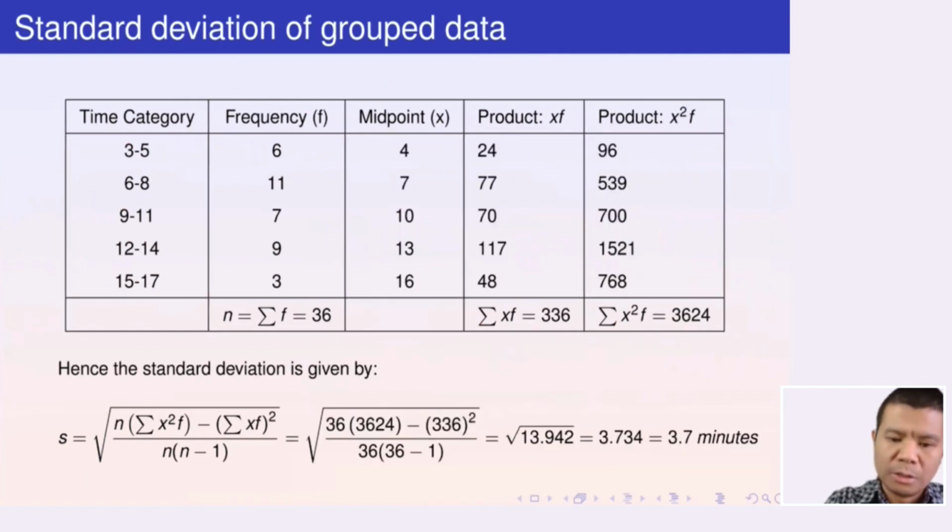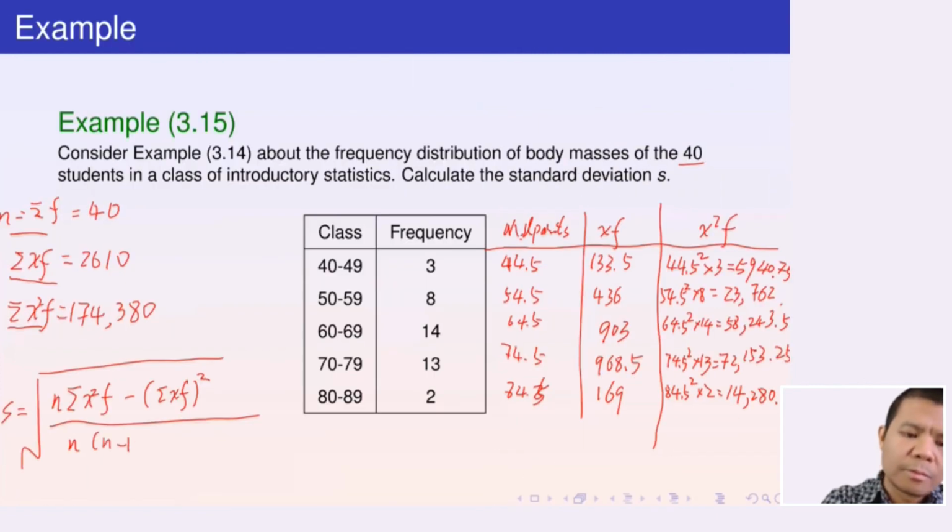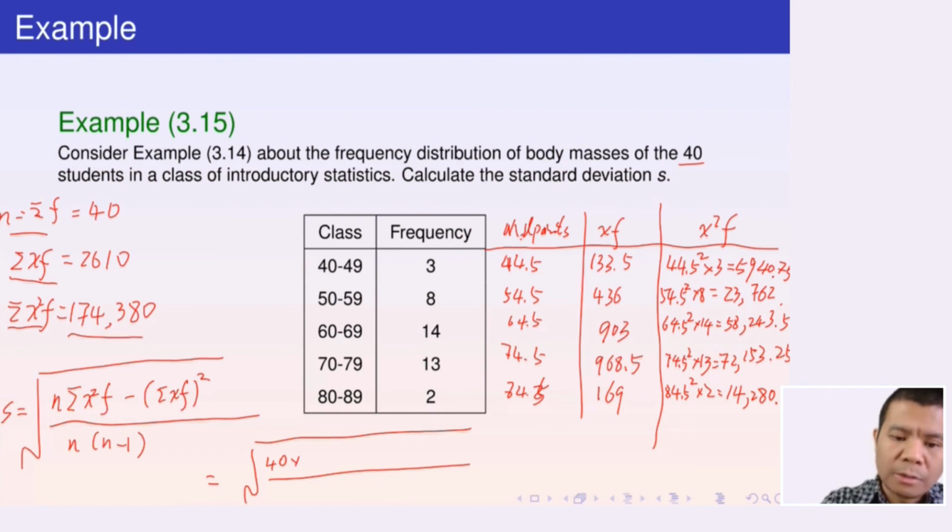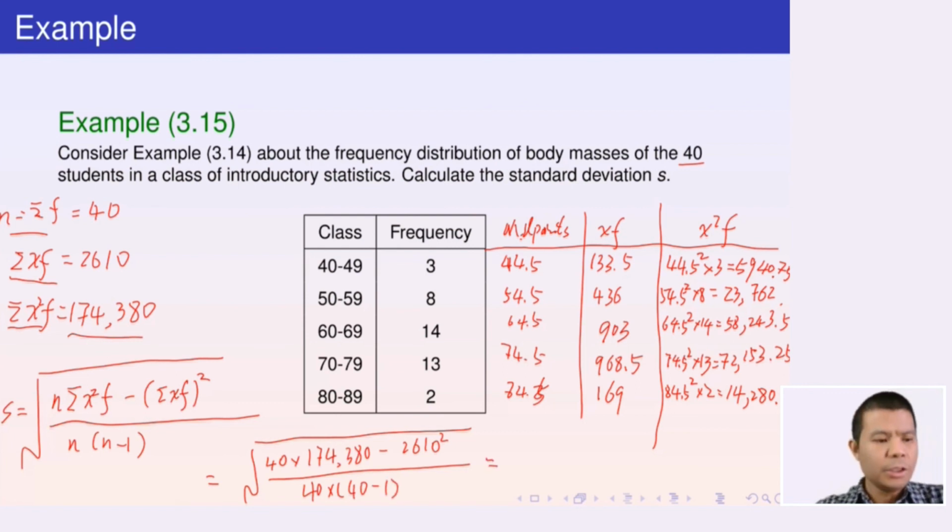So plug in all the values: n is 40 times 174,380 minus 2610 squared, over 40 times 40 minus 1.